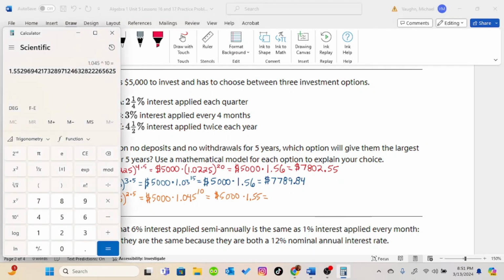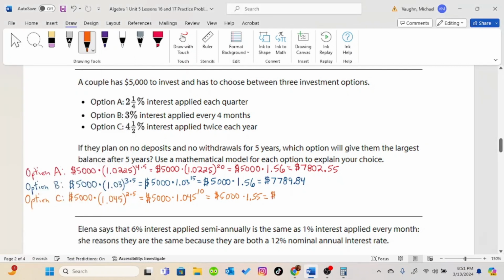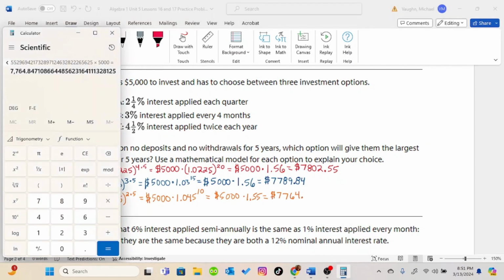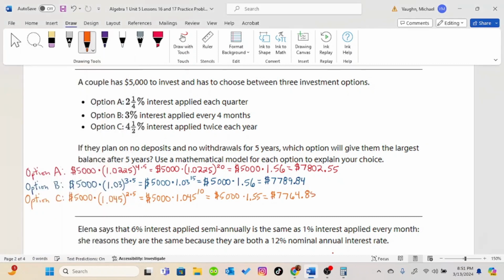And when we multiply this by the original $5,000 deposit, we get $7,764 and 85 cents. So now if we look, which option gives them the largest balance after 5 years?